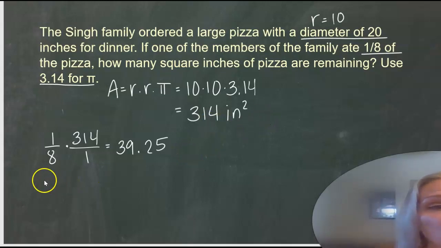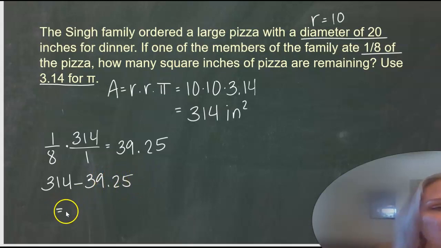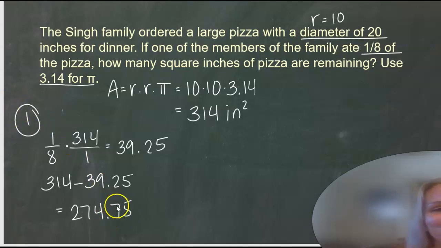We could do the total amount of pizza, which was 314, and subtract the amount that that one family member ate, which is 39.25, and we would get 274.75, right? So that's method number 1.